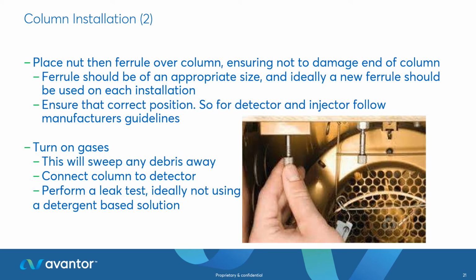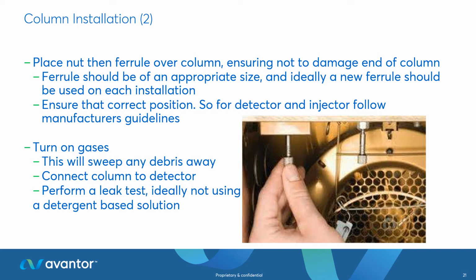Once we've got the column, we then need to make sure that we install it into the system correctly. It's important to choose the right type of ferrule, and we'll come on to that later. Ideally, we'd want to use a new ferrule on every installation rather than reusing an old ferrule, mainly because it may not seal properly, or if we're using a graphite ferrule, we may see some debris coming through.